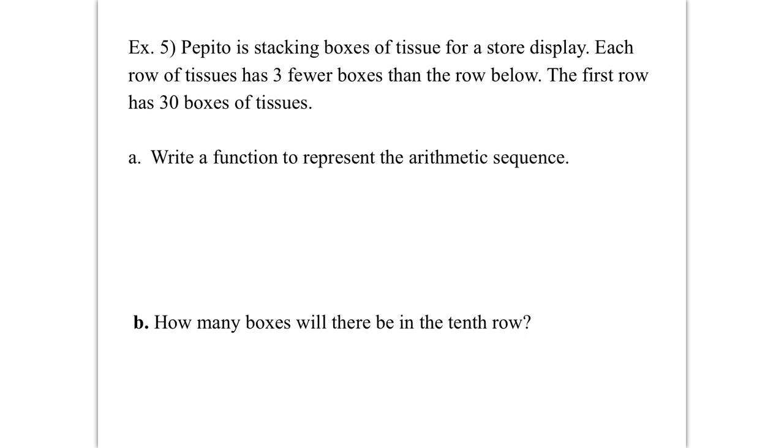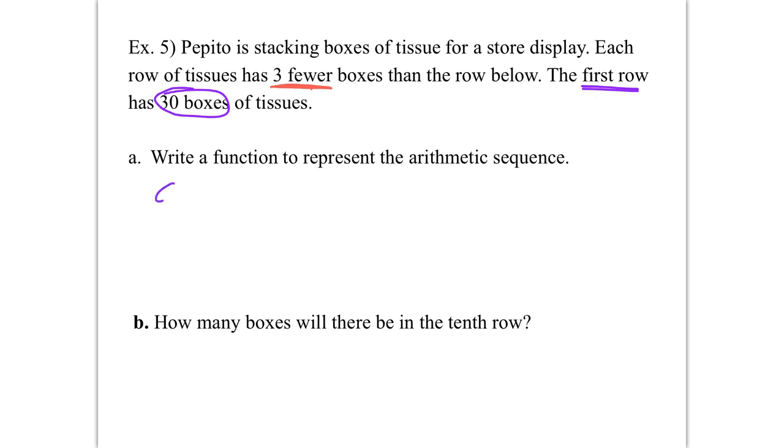Now, first of all, we have to know what we have and what we can use for our formula. So here it says that each row of tissue has 3 fewer. So that means that it's subtracting. It has 3 less than the previous row. And the first row has 30 boxes. So right away, I know a couple things.